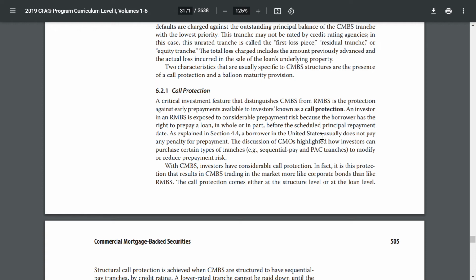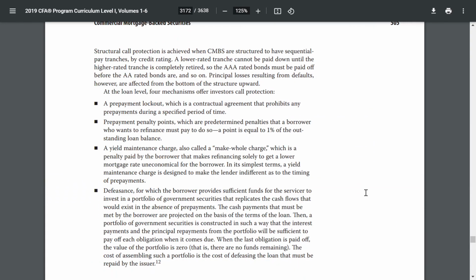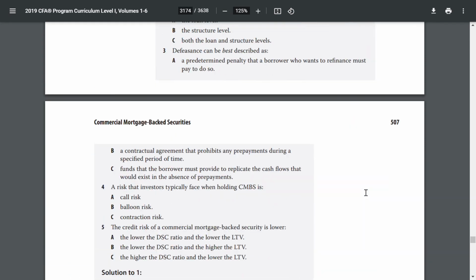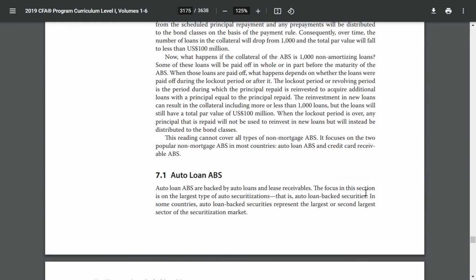As explained in Section 4.4, a borrower of a U.S. mortgage usually does not pay any penalty for prepayments. The discussion of CMOs highlighted how investors can purchase certain types of tranches to modify or reduce prepayment risk.